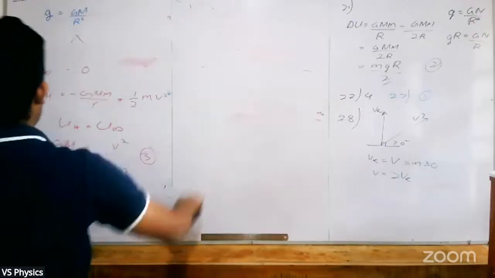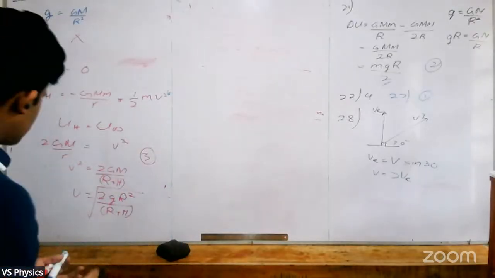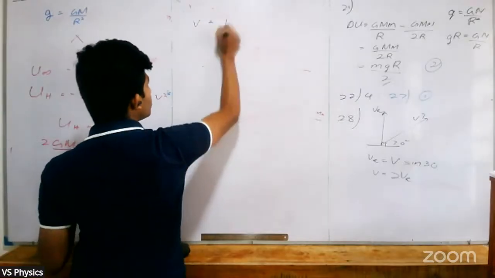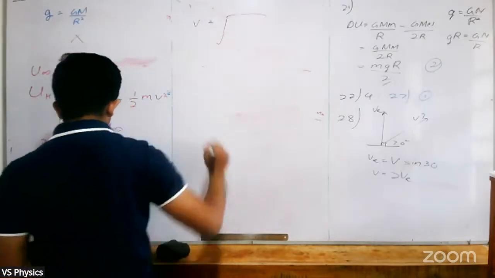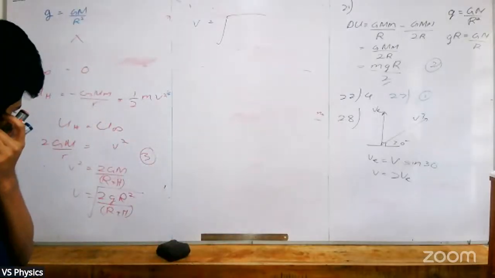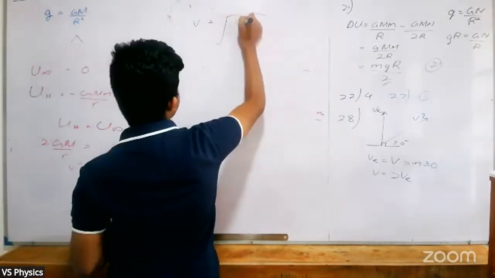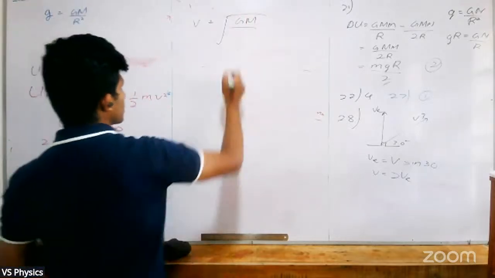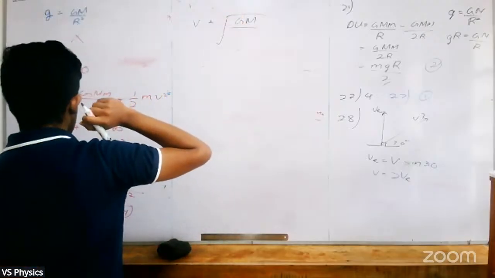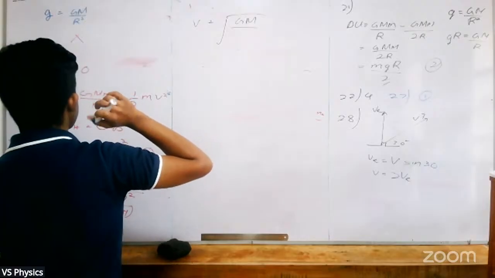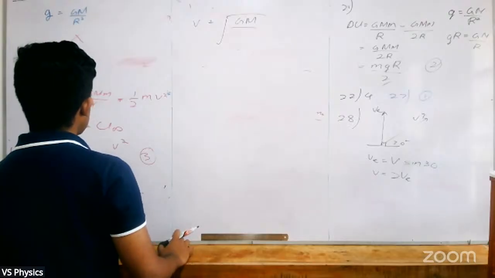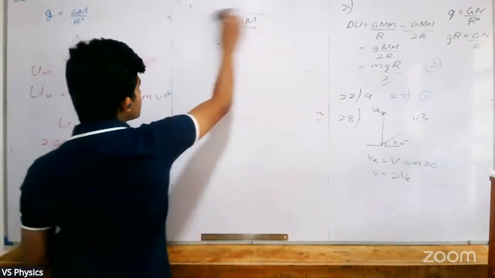We know the escape velocity. Now, velocity equation. What is the velocity equation equal to? V is equal to root GM divided by... Let's try the other way as well.